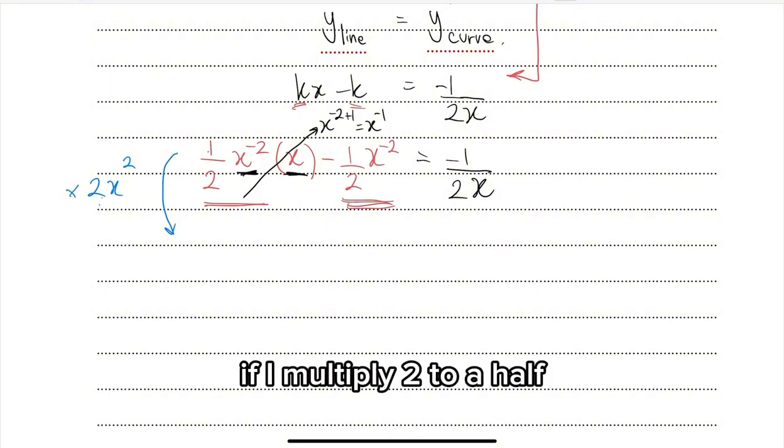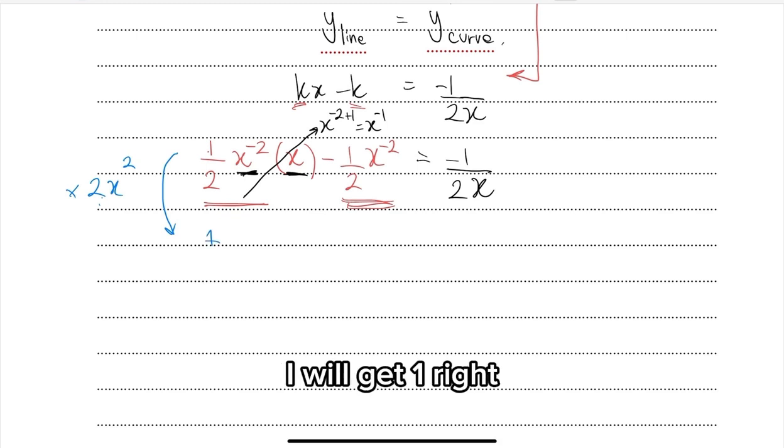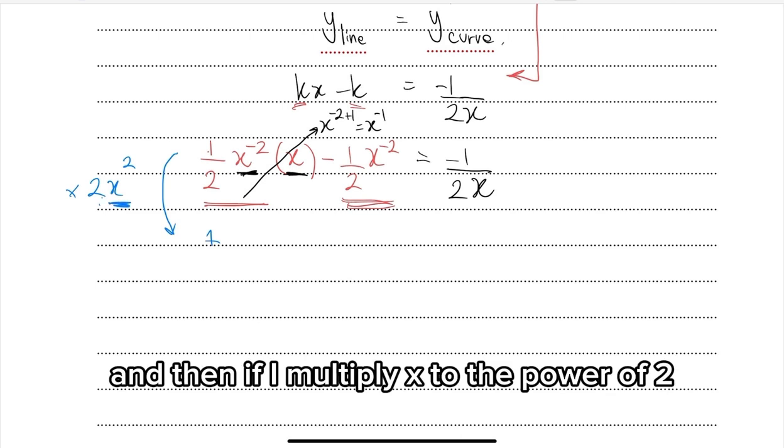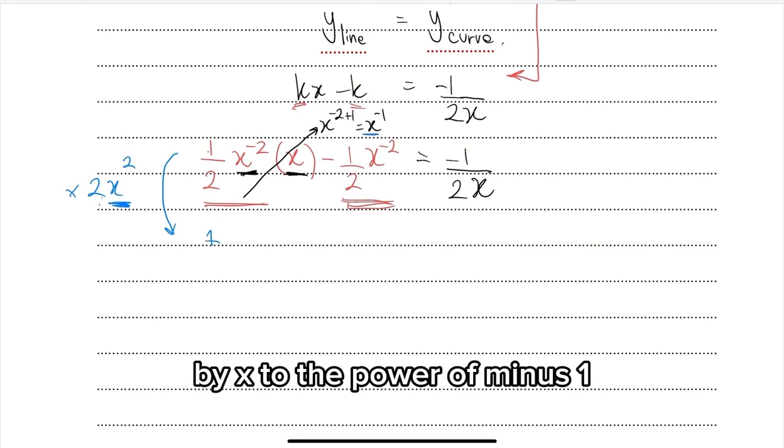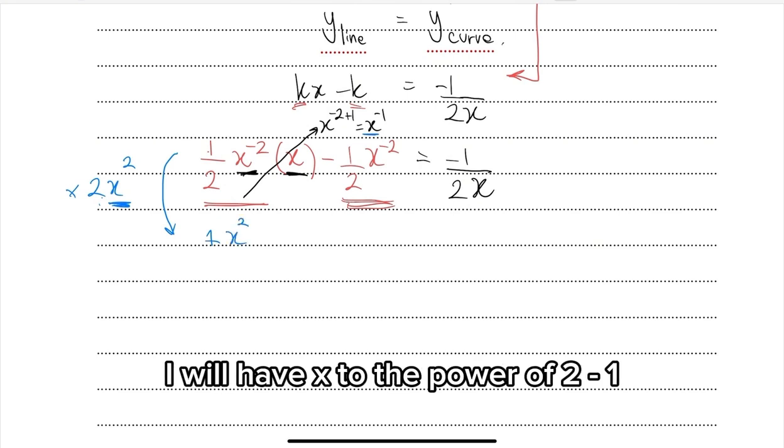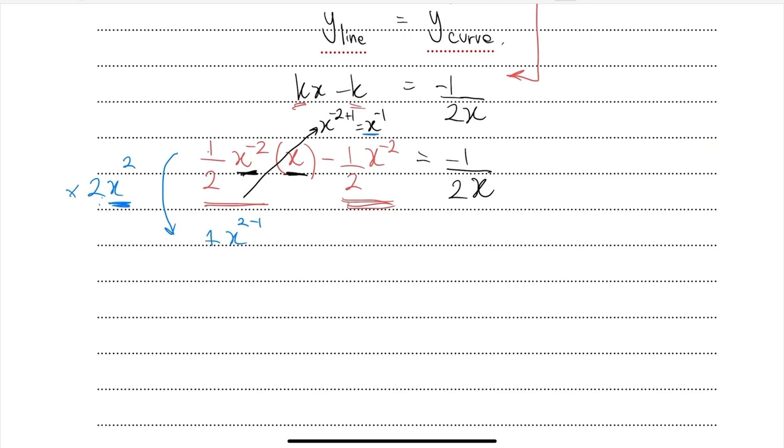If I multiply 2 by a half, I will get 1, right? And then if I multiply x to the power of 2 by x to the power of minus 1, I will have x to the power of 2 minus 1, which is equal to 1.